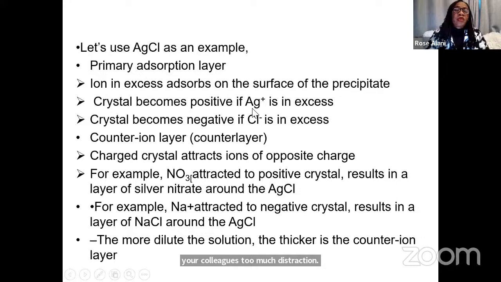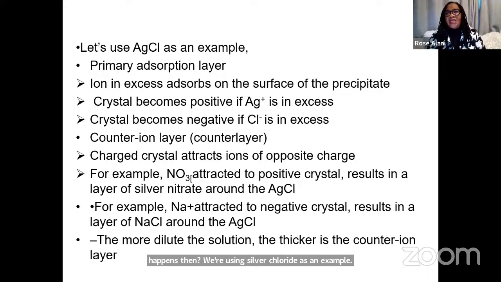We're looking at an example now to make it clearer to you. If we're looking at silver chloride as an example, let's see the primary adsorption layer, what happens there, and we'll also see the counter ion layer. So the ion in excess adsorbs on the surface of the precipitate.